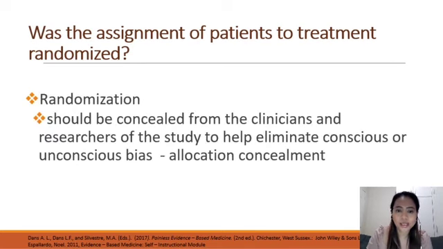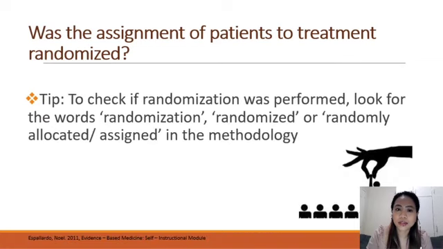In addition, allocation concealment should also be done to eliminate bias from clinicians and researchers. To answer this question, check the methodology for words like randomization, randomized, or randomly allocated. If these were mentioned and discussed adequately, then we could answer yes for this question.